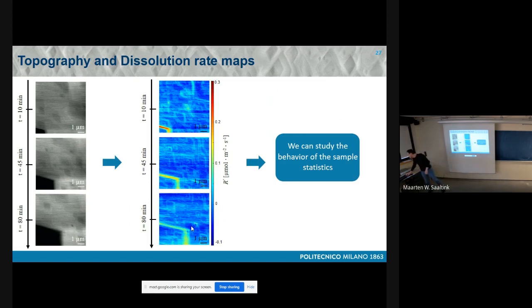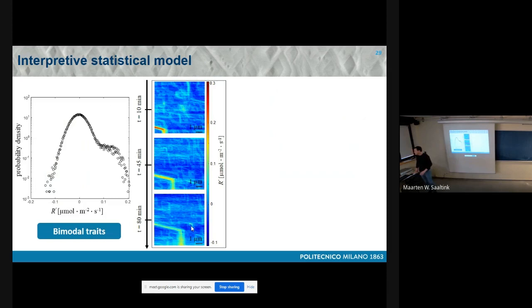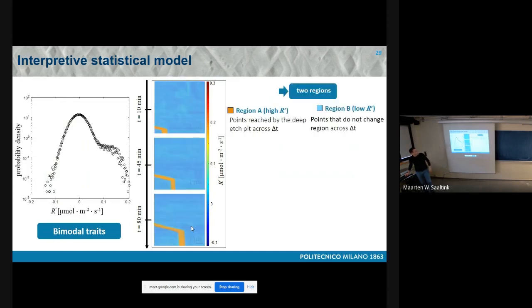Okay? So, we started with the distribution of the parent variable. We saw that it is bimodal, and we said, well, let's try a simple model. Let's try a mixture of two Gaussians, for example, which is reasonable enough as a model.